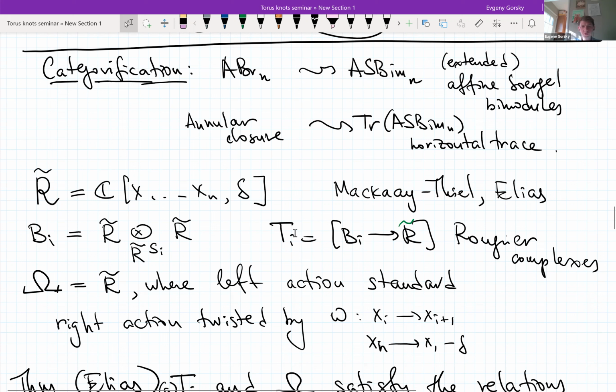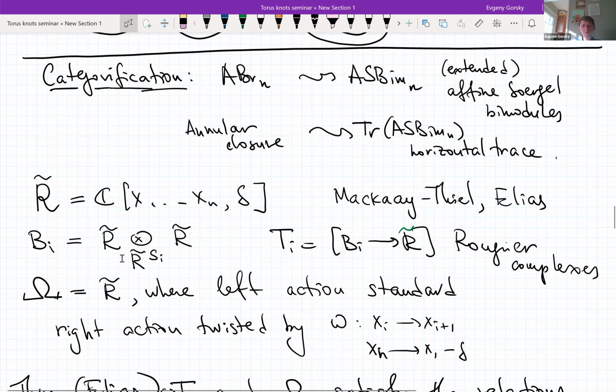And then you have one more guy, which corresponds to omega. So this would be a bimodule where the left action is standard and the right action is twisted by this element omega, which acts like this. So it shifts xi to xi plus 1 and xn to x1 minus delta. And so basically for each Ti, we have some complex of bimodules over this ring.